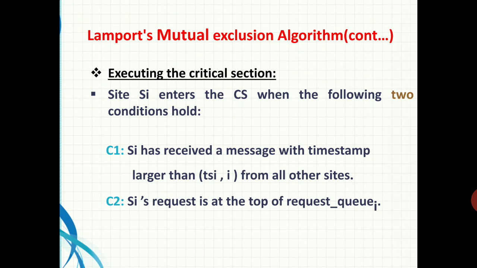The second condition is that its request is at the top of the request queue. If Si wants to enter the critical section, it should receive reply messages from all the other sites, and at the same time its request must be at the top of the request queue. Only then can it enter the critical section. It will be more clear when we come to the example.